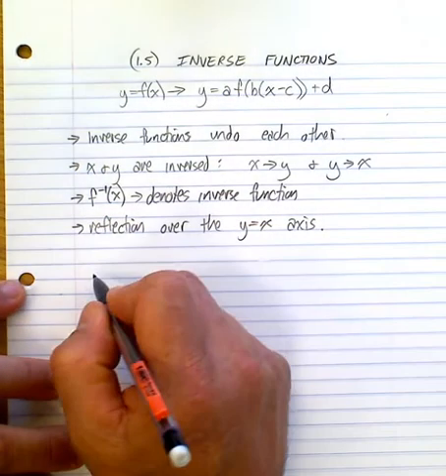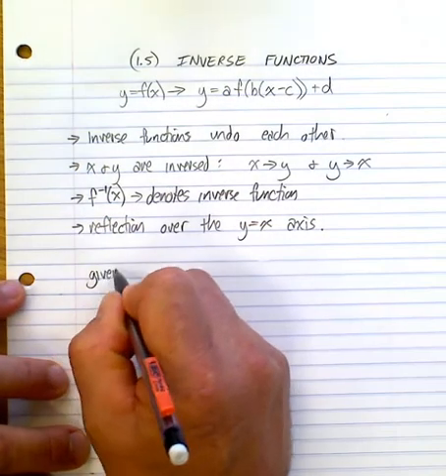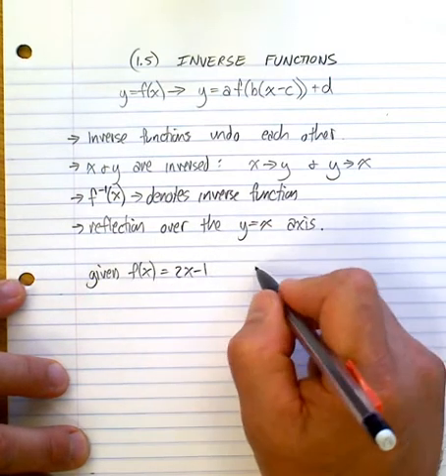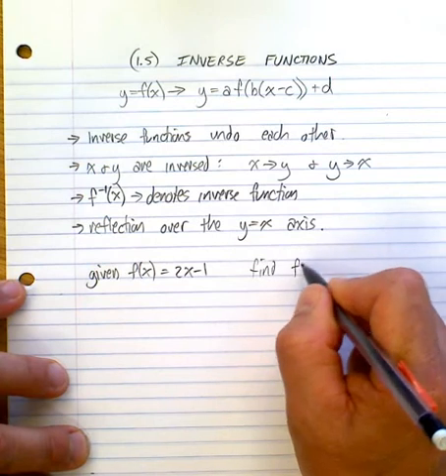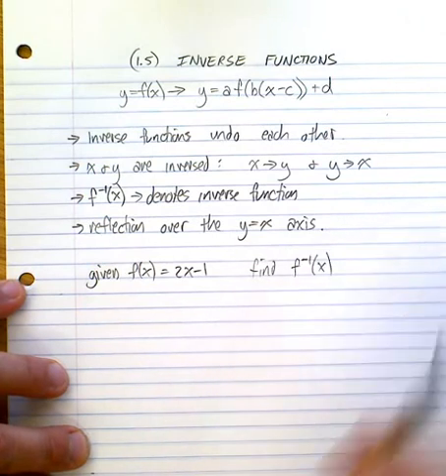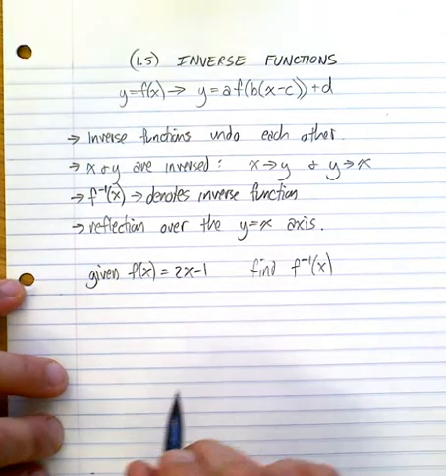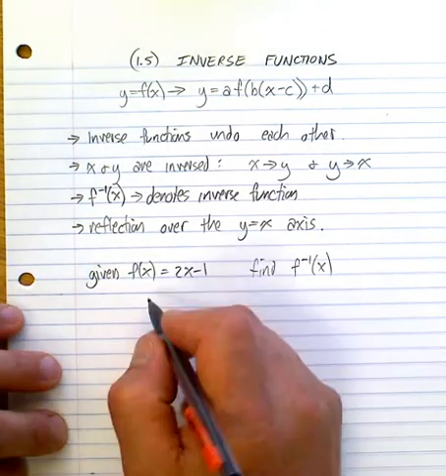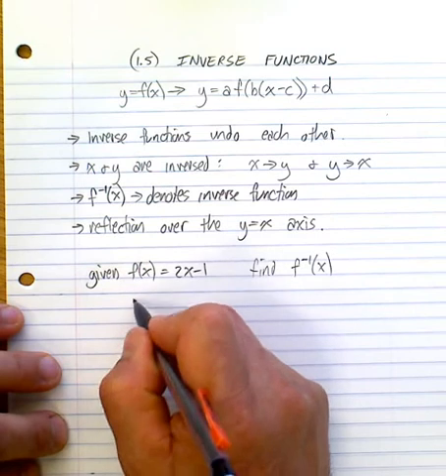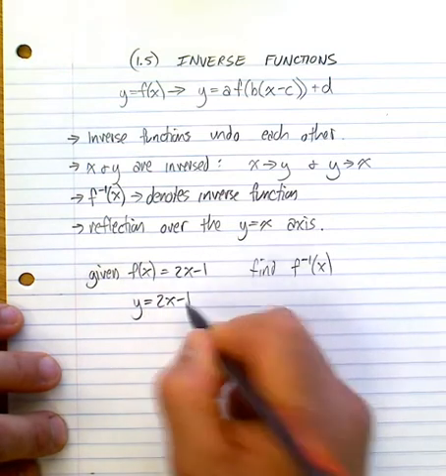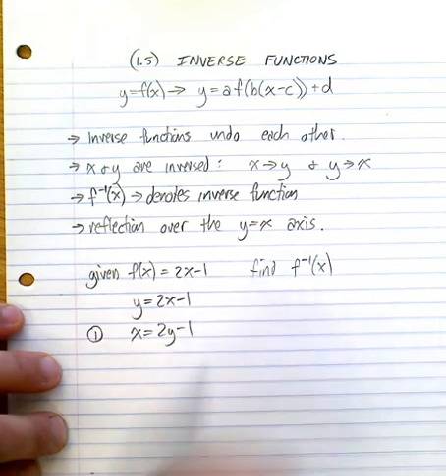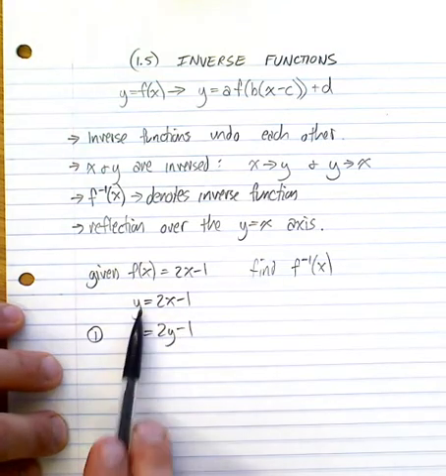So given, okay, f of x is equal to 2x minus 1, I'm going to say find f^-1 of x. So the first step is flip your x and y. Since this is the same as y equals 2x minus 1, the first step would be x equals 2y minus 1. X becomes y and y becomes x.